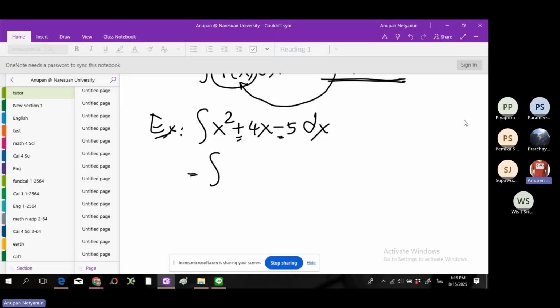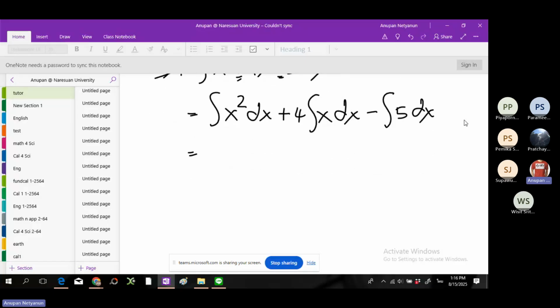What I get is the integral of x squared dx, the first term, plus, well, 4 is a constant so it can come out of the integral sign, so I have 4 times the integral of x dx, and minus 5. 5 is a constant, but we have the property of the integral of a constant, so I don't need to bring it out.